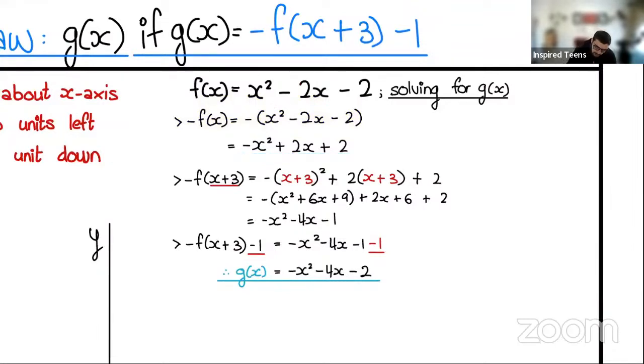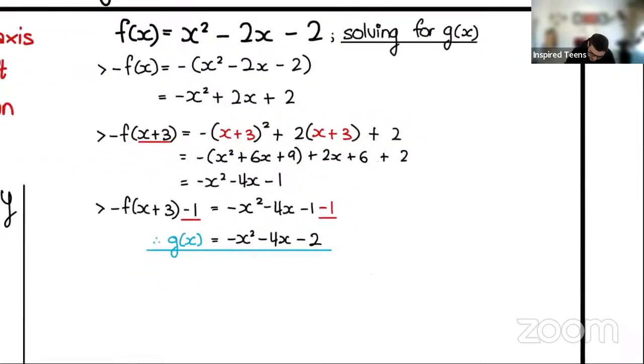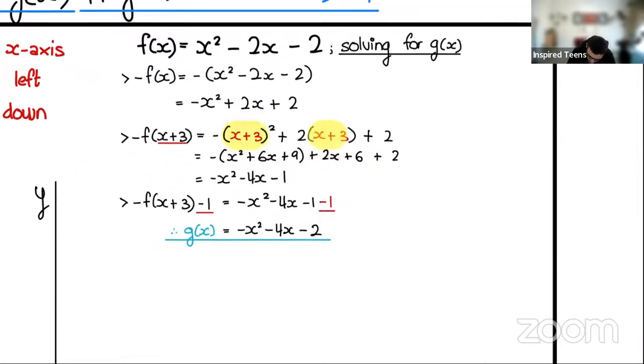The second one, negative f of x plus 3. What you want to do is wherever you had x originally, replace it with x plus 3, so that's exactly what I did here. I replaced it with x plus 3, x plus 3, and here I did FOIL.